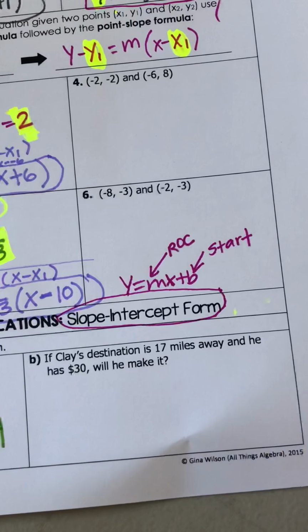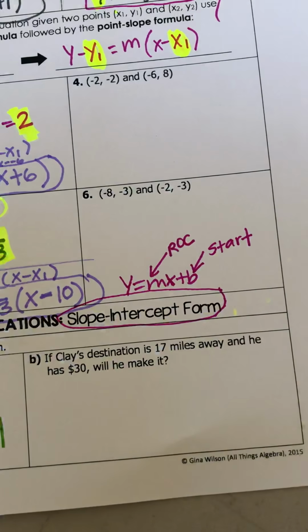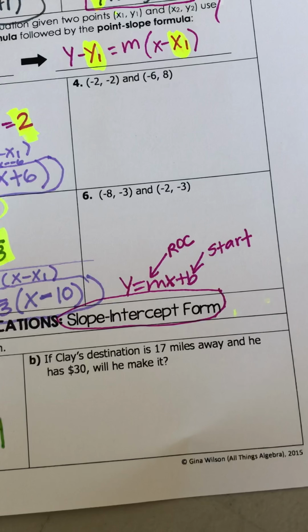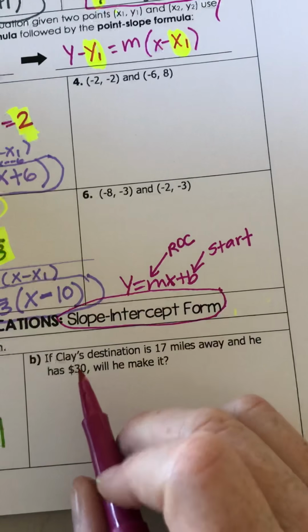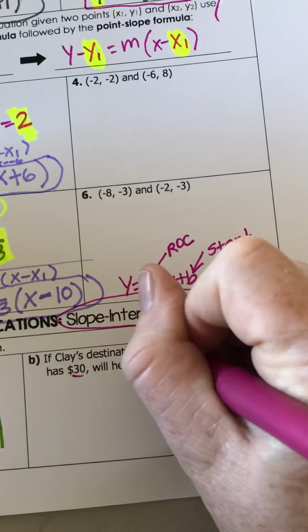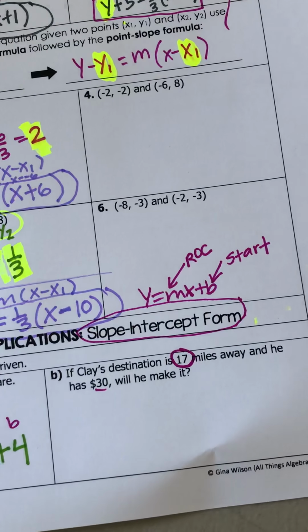All right, so B is asking you to find a cab fare. If Clay's destination is 17 miles away and he has $30, will he make it? Okay, so he only has $30. You know what, let's go ahead and just find how much it would cost to be 17 miles away, and then we'll see if he has enough money for that.